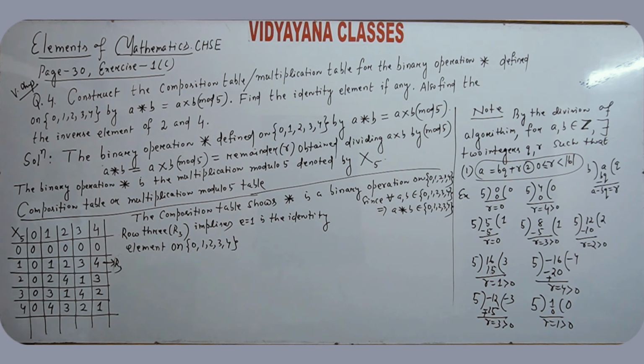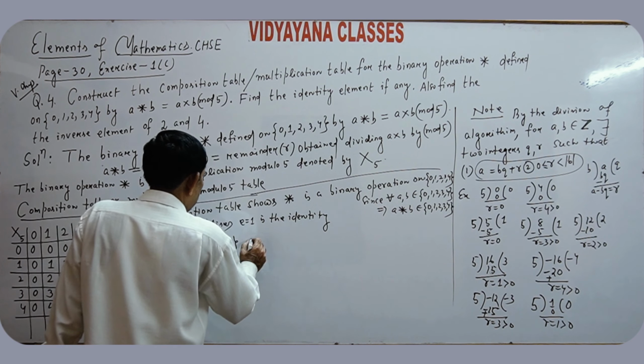It is the identity element, since 1 into 0 that is equal to 0, 5 divides 0 gives 0, which belongs to this set. 1 into 1 that is equal to 1, 5 divides 1 gives 1, which belongs to this set.